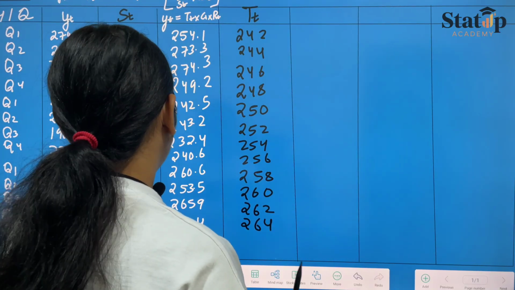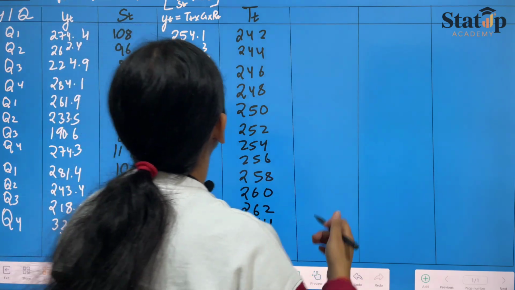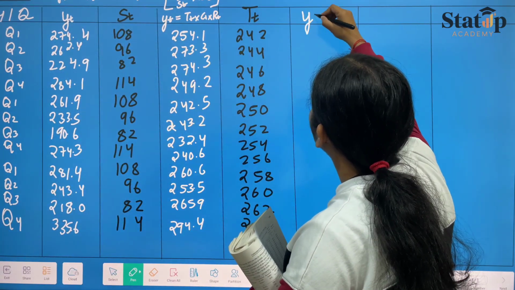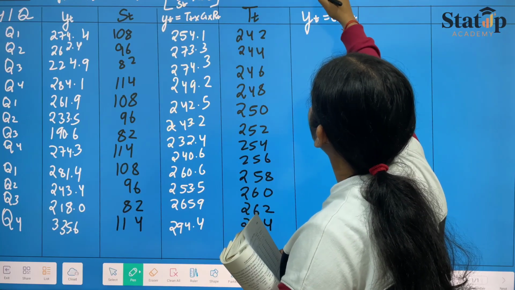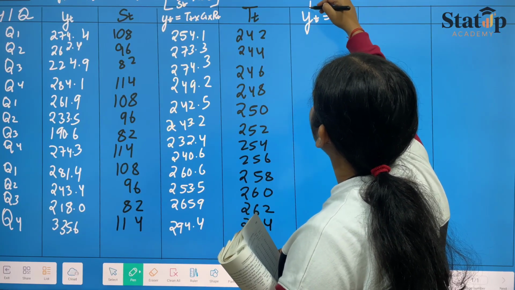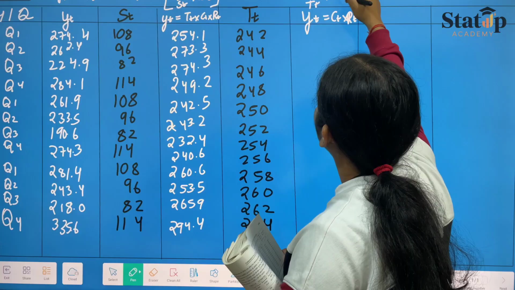Now again we'll divide this YT. If we have to find YT equal to the cyclical and random components only, then we have to divide YT by this trend component and multiply by 100.